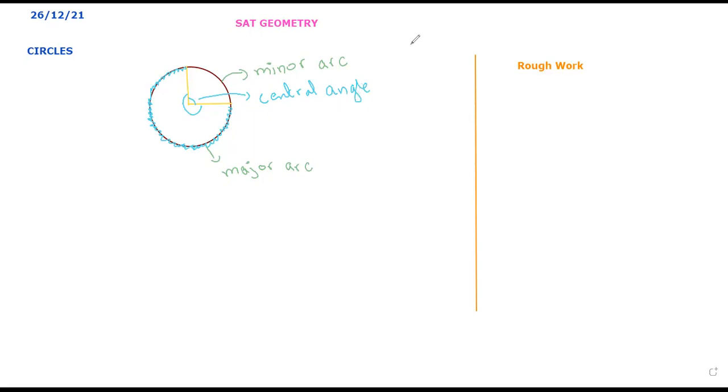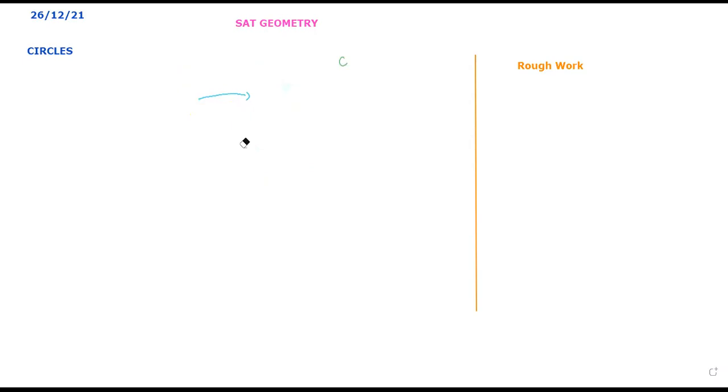All right, let's talk about the length of an arc. So we have a fixed formula.